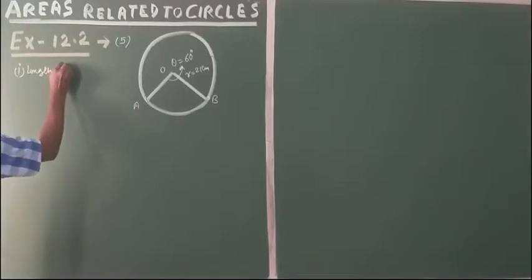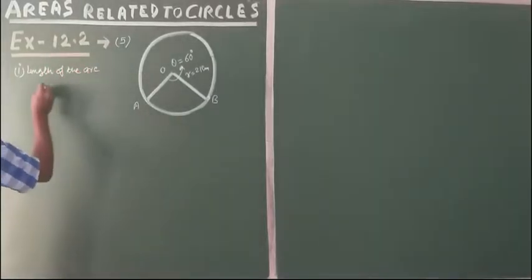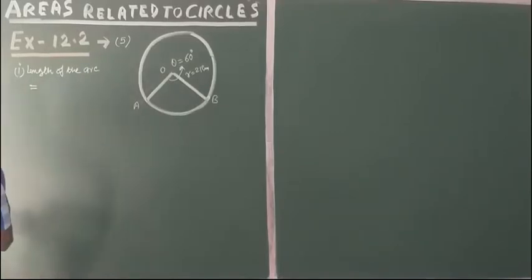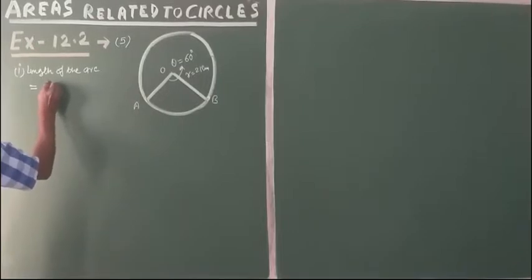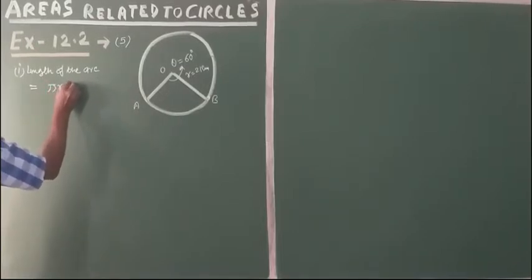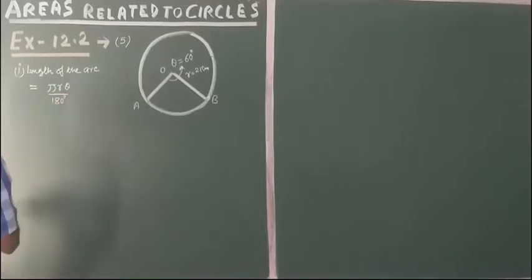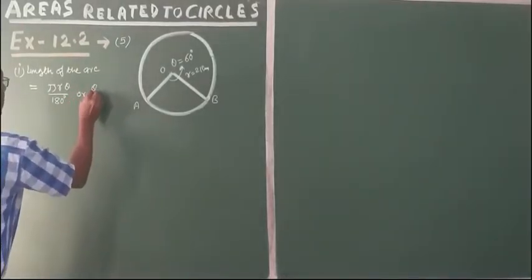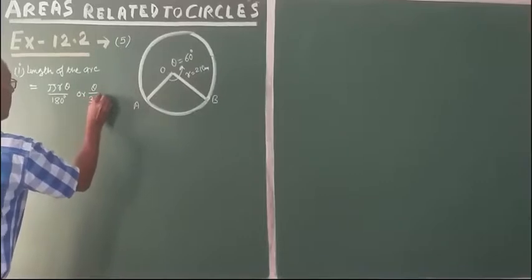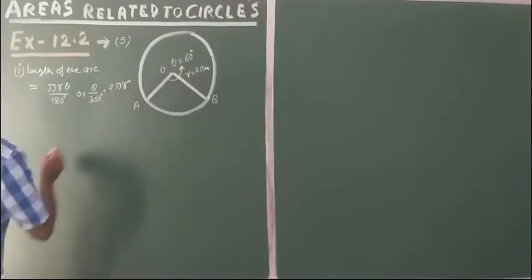The length of the arc is given by this formula: pi r theta upon 180 degree, or theta upon 360 into 2 pi r.